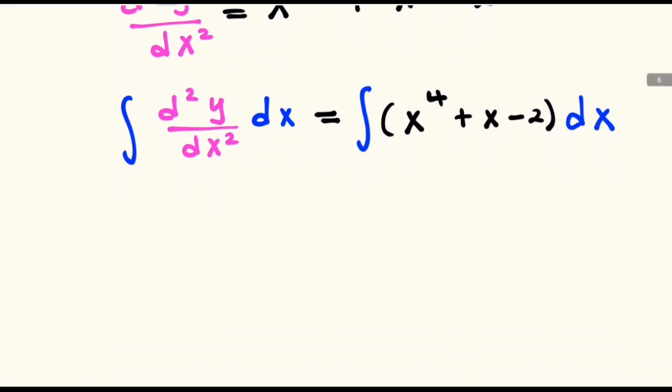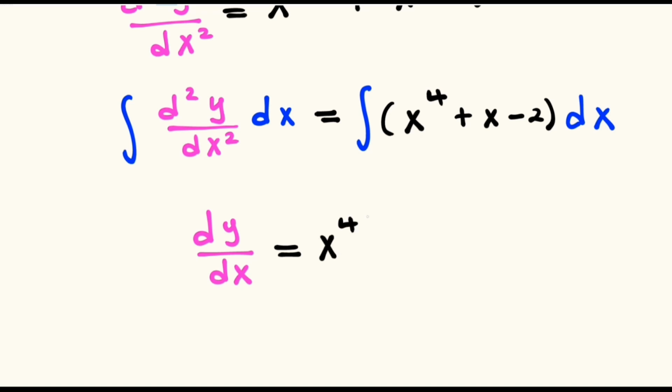and the integral of the second derivative of y with respect to x will be equal to the first derivative, dy over dx. This will be equal to the integral of x to the power 4, which is x to the power 4 plus 1 divided by 4 plus 1. The integral of x will be x to the power 1 plus 1 divided by 1 plus 1.